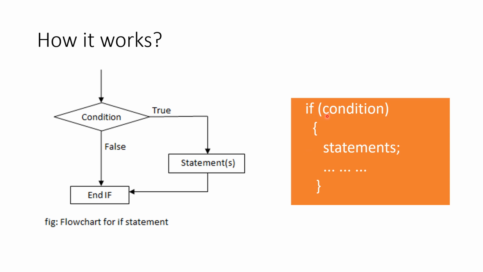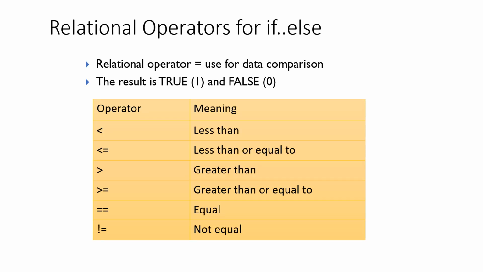We have if, inside the brackets we put the condition, and after that we put curly brackets, and we put whatever statements we want inside the if block, and then we close it with a curly bracket.